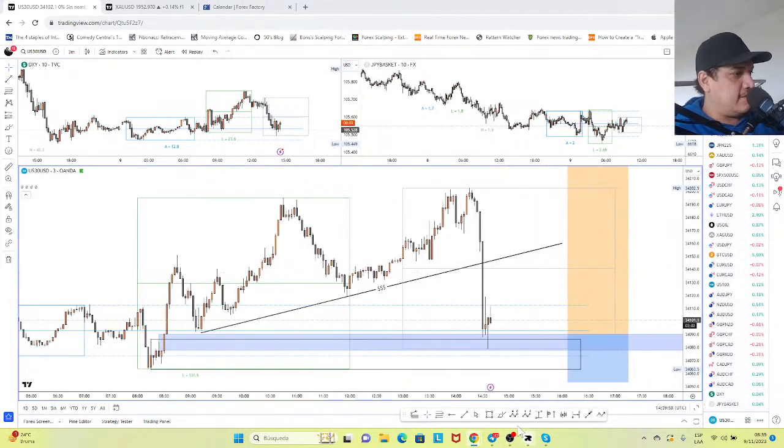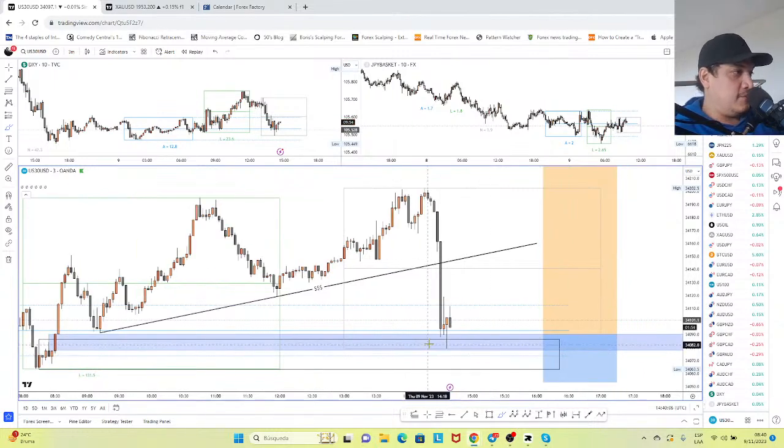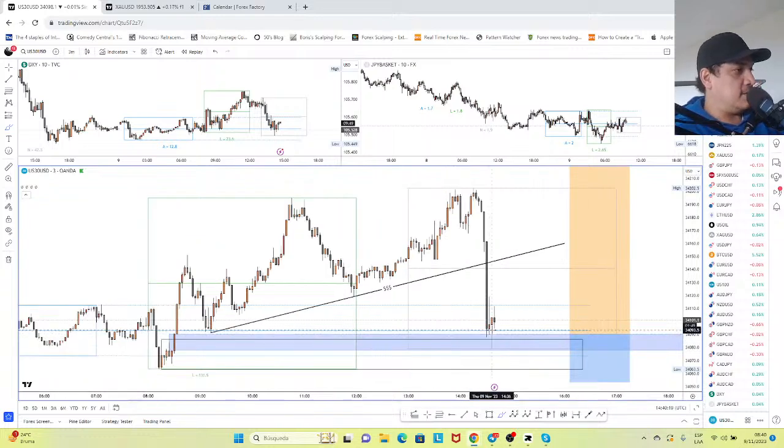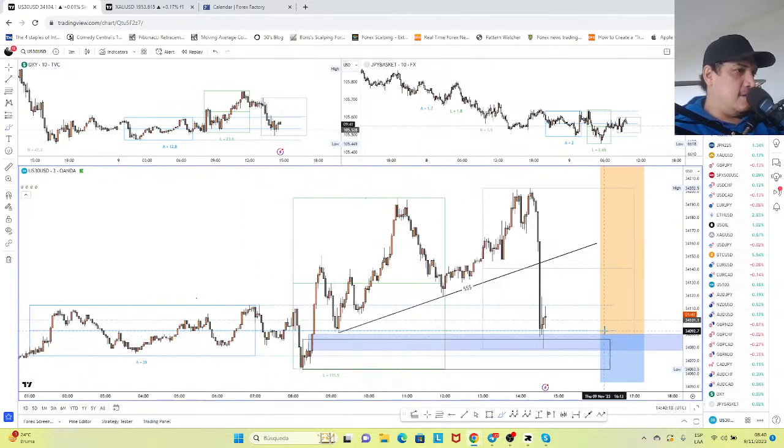All right, so we have a great kind of a reversal candle here. That doesn't mean much, right? It doesn't mean much, but it does mean that we got a liquidity sweep here on the lows. We mitigated that order block at the center. This is my entry model, right?